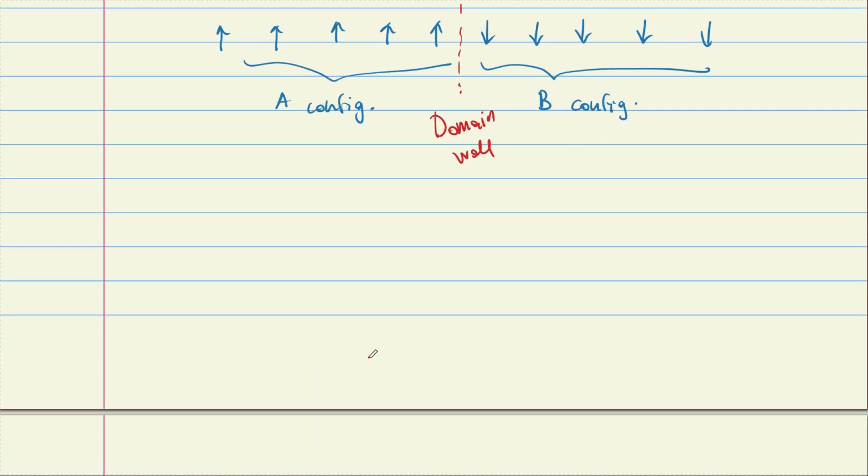The mass changes sign at the domain wall. And then the question is, what happens at this domain wall? We can answer this question by calculating the low energy physics.